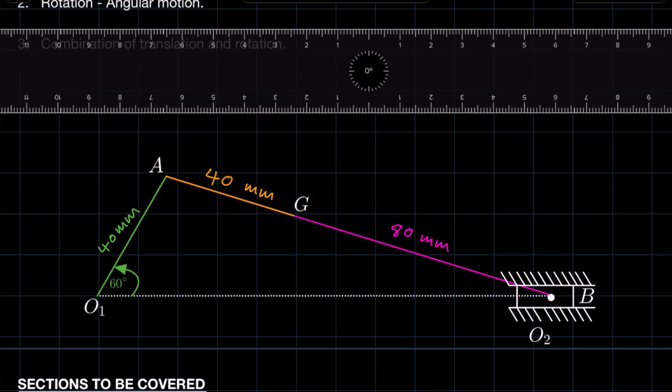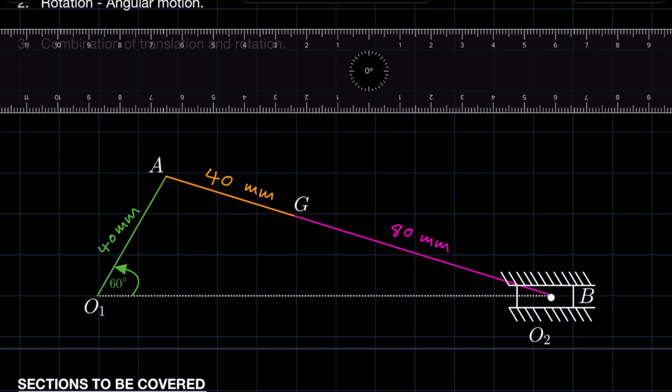Also, I forgot to mention that how we analyze the velocity of the links is by looking at them at the instant that the crank is at a certain angle. For instance, this crank here in this instant is at an angle of 60 degrees.